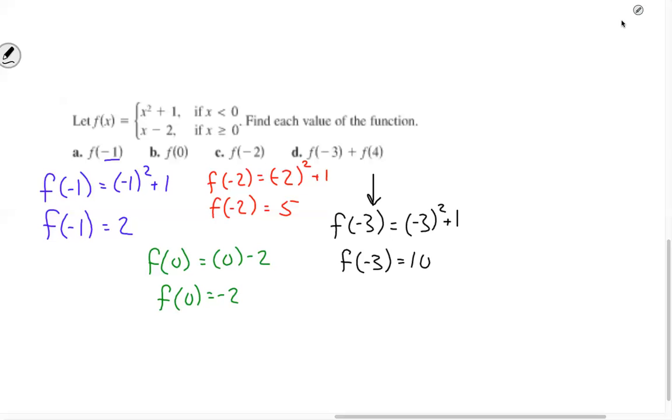And then we have f of 4. That's going to go in the bottom one. That's going to be 4 minus 2. So f of 4 is going to be 2. Now I have f of -3 and f of 4. I'm going to add those two together, and I get 12. So there we go.